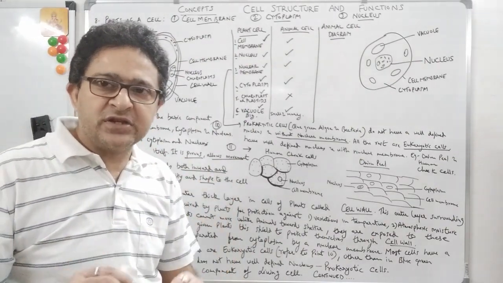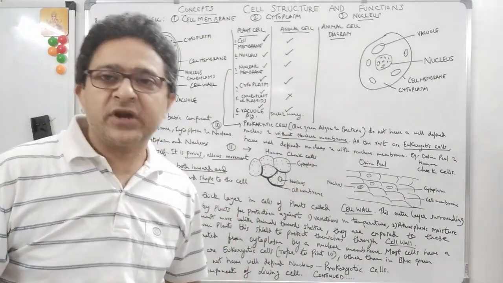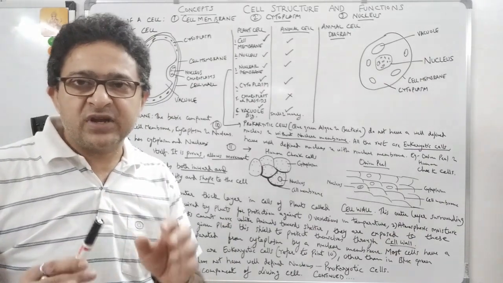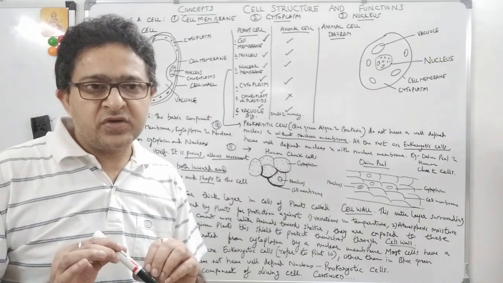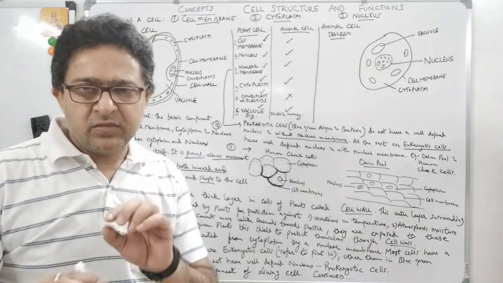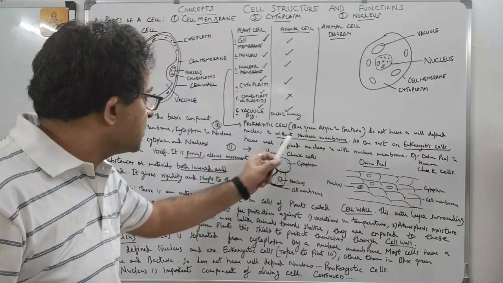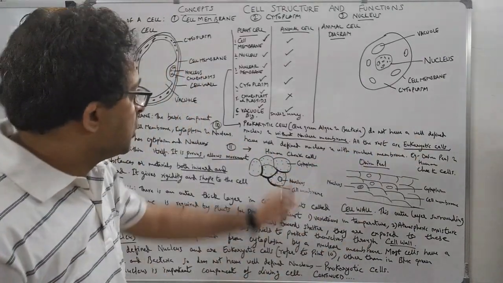Under the microscope, inside the nuclear membrane, you can see there is a nucleus. But in prokaryotic cells like blue-green algae, you will not be able to see a well-defined nucleus because there is no nuclear membrane. You will not be able to differentiate the nucleus from the rest of the cell. So it becomes a little bit difficult, right? This is what you need to understand. Without a nuclear membrane is prokaryotic, and with a nuclear membrane is eukaryotic.